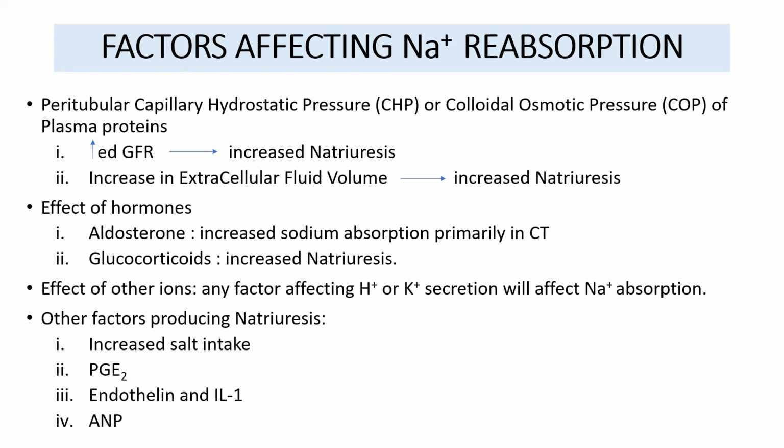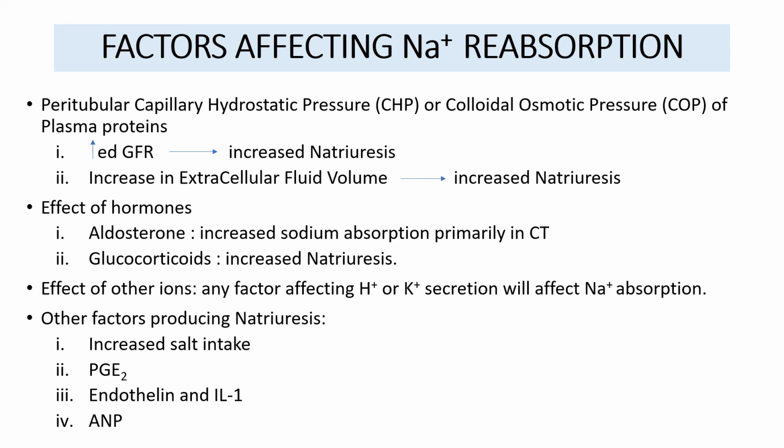So you can see that sodium is coupled with potassium only in the loop of Henle and DCT and CT, but there is no role of potassium in the absorption of sodium in the PCT.